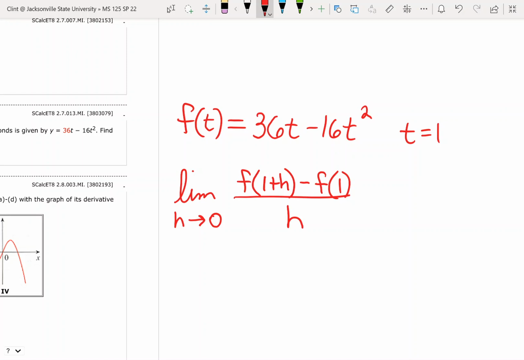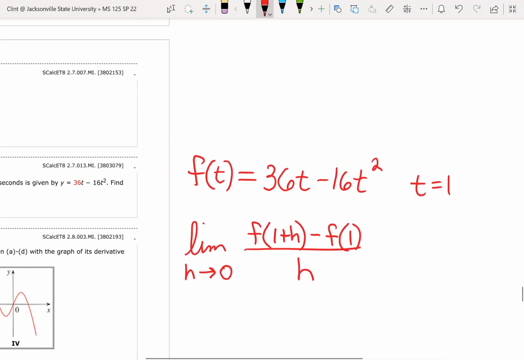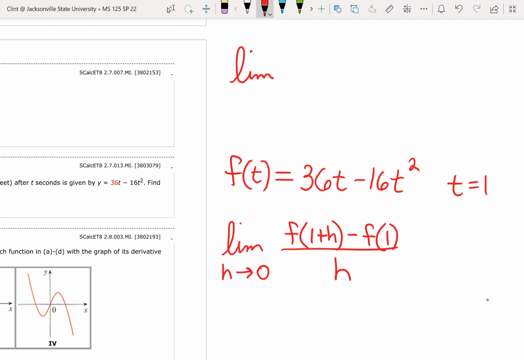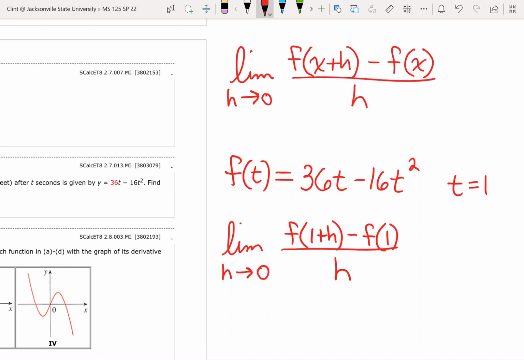That's what we want. Okay, that's our limit definition of the derivative for the slope of the tangent line. I'll probably be soft and give that to you, so I'll give you this part. I'm just taking that and filling it in for our information here. We're calling it t. Okay, our t value is 1.